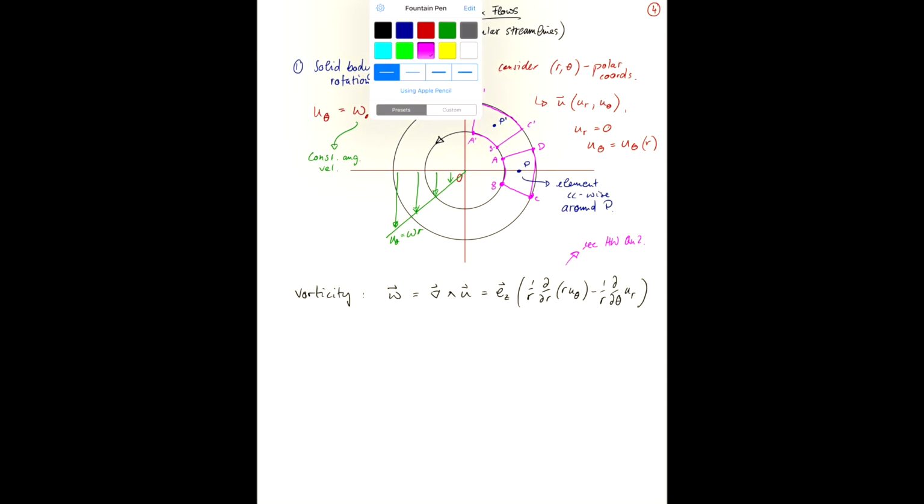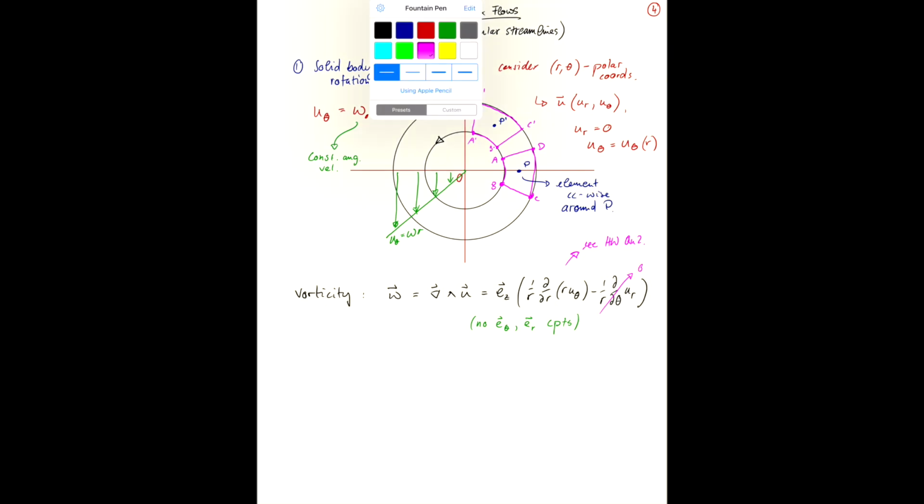So there are no theta or r components to the vorticity, which is not surprising. And also one more simplification: u theta does not depend on theta, it just depends on r. So this component also goes to 0.